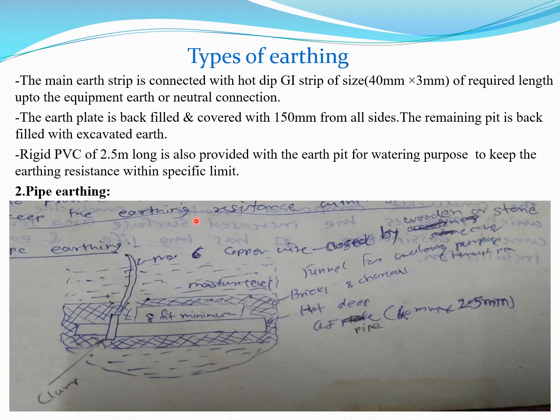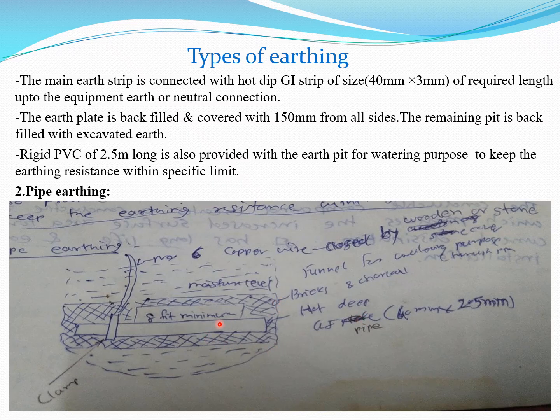Now the second type of earthing system is pipe earthing. This is the diagram for the pipe earthing, in which a pipe is used for the earthing purpose, and this pipe is made up of hot dip galvanized iron pipe having the size of 40 by 2.5.